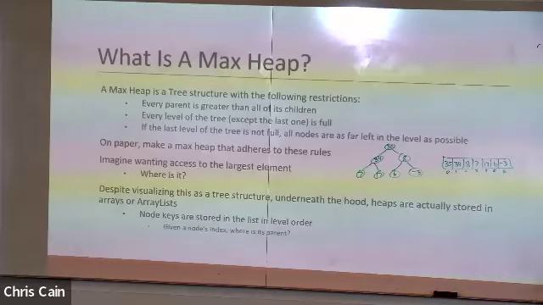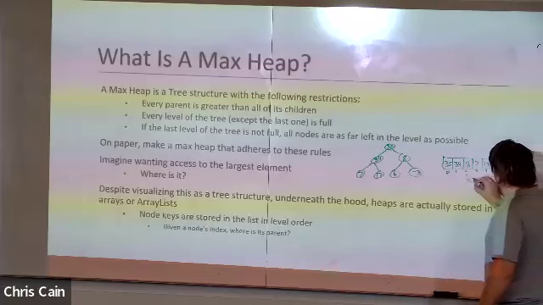Now, given a node index, where is the parent of that in this structure? Let's say I want to find the parent of -3. Where is the parent of -3 in this structure? It's at index 2. Interesting. Where is 6's parent? Index 2.